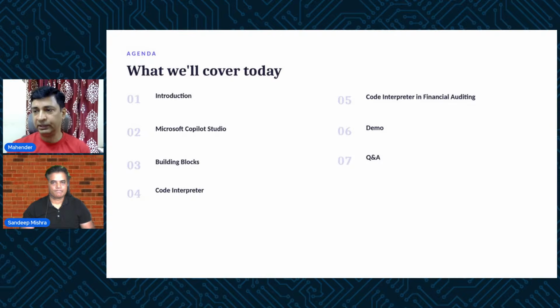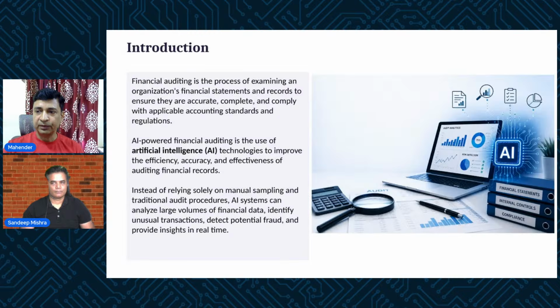Then we'll see a demo of Copilot Studio utilizing the code interpreter for financial accounting. In case you have any questions, we will have a quick question and answer session.